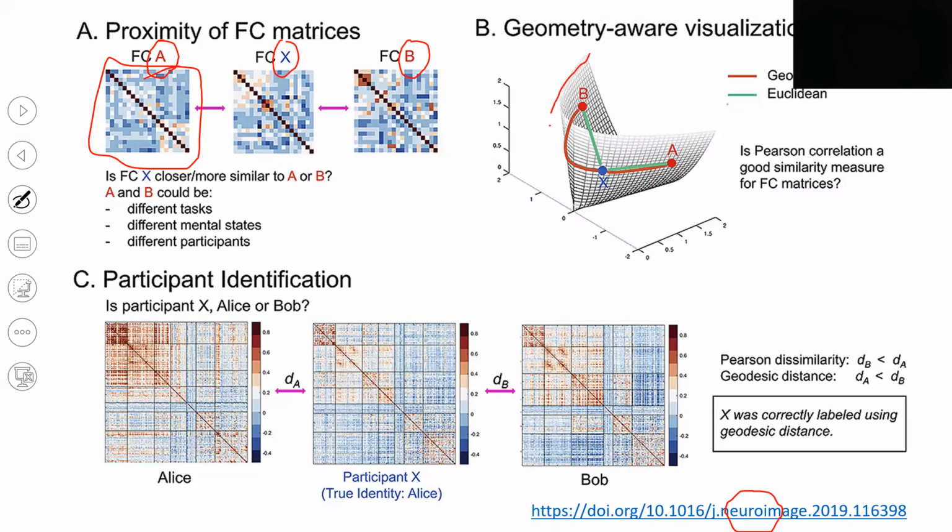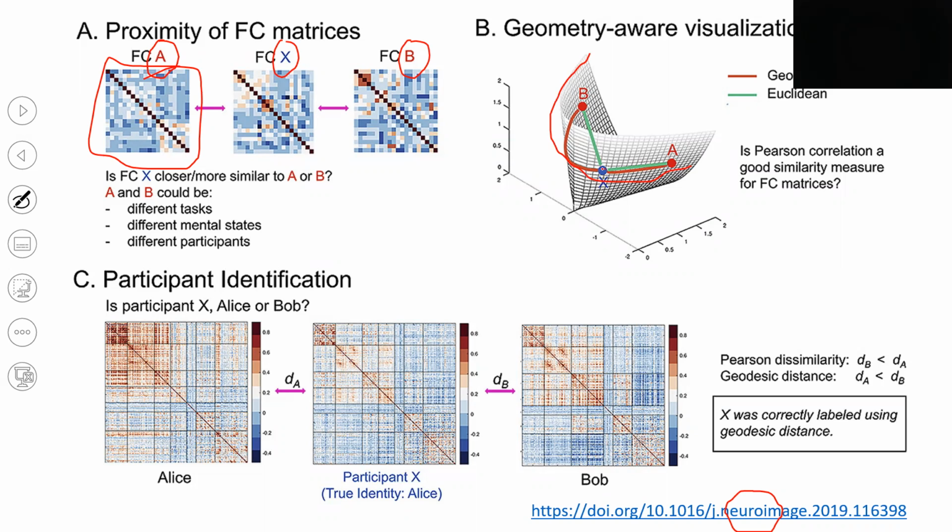But if you put this in the high dimensional manifold structure, you realize X may be more similar to B than A. So it's counterintuitive.